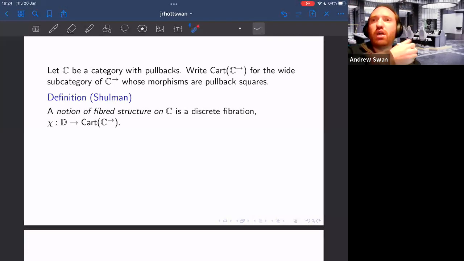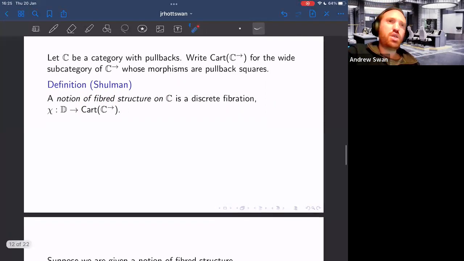It's an inherent property of the structure. He defined structures using what he calls a notion of fibration structure. This is a discrete fibration on the wide subcategory of the arrow category on C, where instead of all commutative squares as morphisms, we just have the pullback squares.